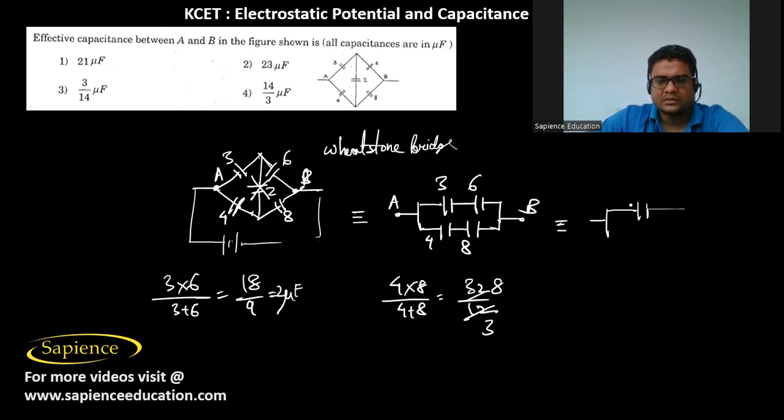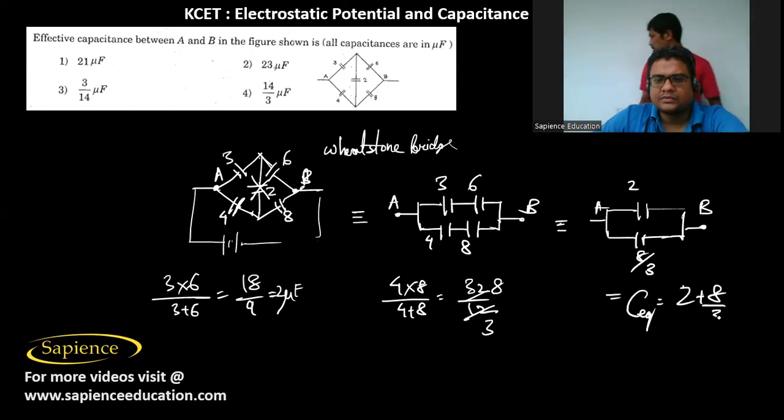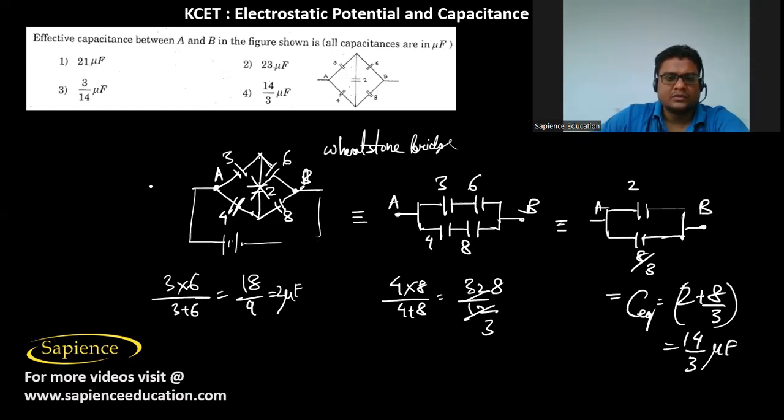Now this capacitance is 2 microfarad and this is 8 by 3 microfarad. They are connected in parallel, so their equivalent capacitance will be 2 plus 8 by 3. Simply we have to add them. So that is 14 by 3 microfarad. So option 4 is the correct answer.